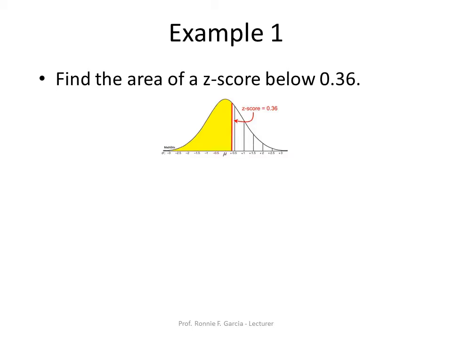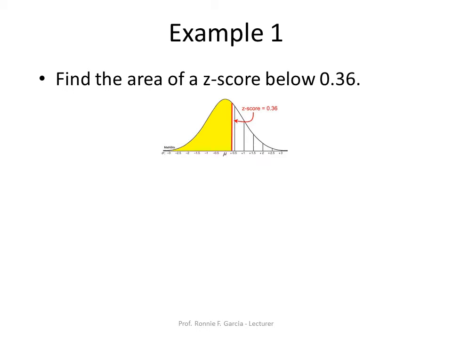Using the table, you can actually get the answer directly. If we visualize the meaning of this question, the area of a z-score below 0.36: since we already standardized our normal curve, we are now using the z-score, not the raw score anymore. 0 is at the center, that is the mean.